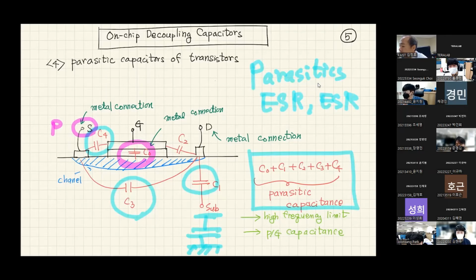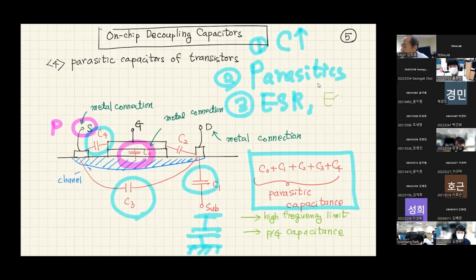Number 1 approach is that you have to maximize the decoupling capacitors, and you have to include the parasitic elements of all the capacitances, which you may not consider in your circuit design. Eventually, you have to fight against essential ESR and essential ESL. Anytime you have metal structures to make a capacitance, you have ESR and ESL.